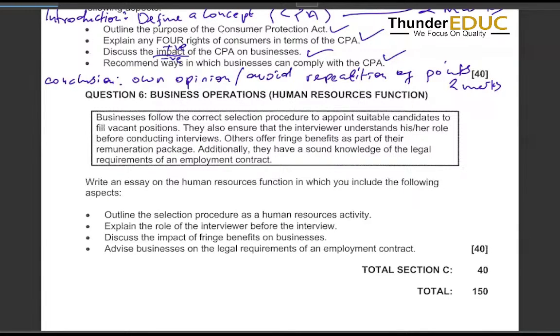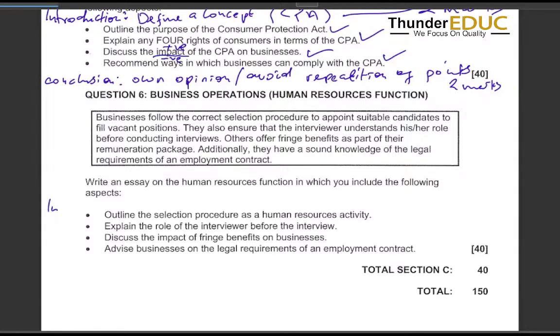So now in this regard, remember I told you that these bullets comprise the body. Make sure that you don't write the word body in your essay under business studies, but write these bullets as your subheadings.